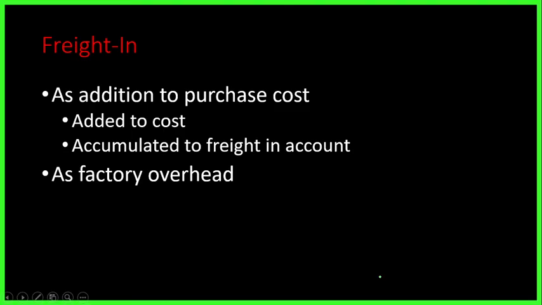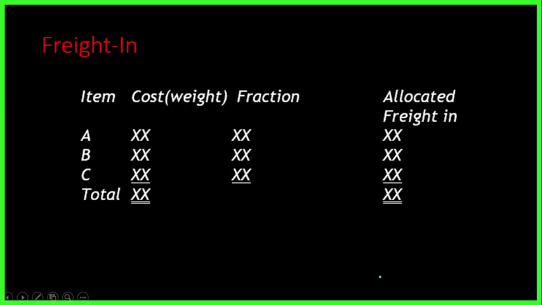Now, the issue is when the materials are issued in work in process or in the factory. So how are you going to allocate na your freight in? You allocate that based on the value of the materials that are issued. So for example, you have material A. Let's say the cost is 10,000.